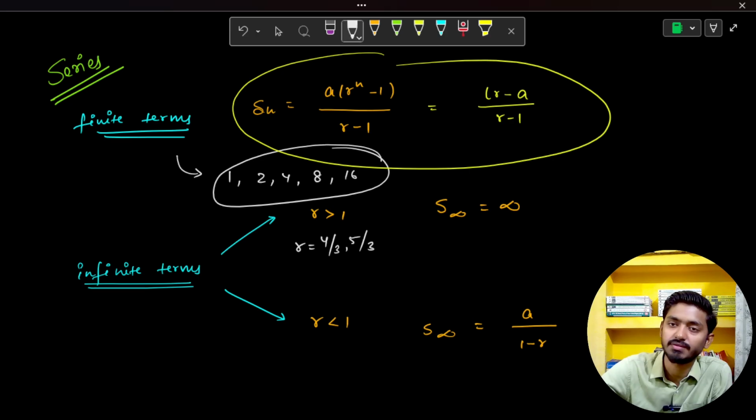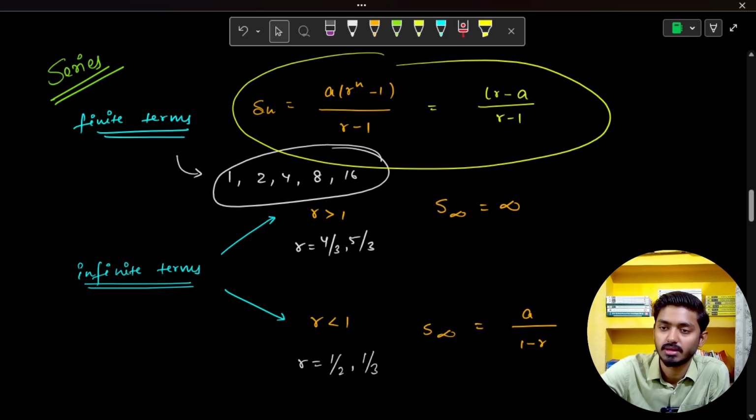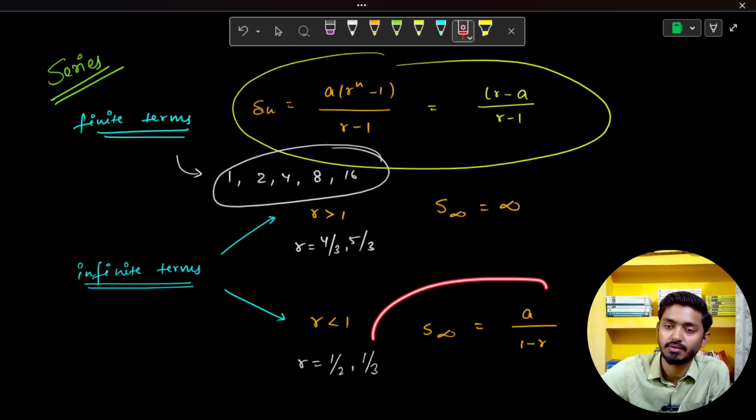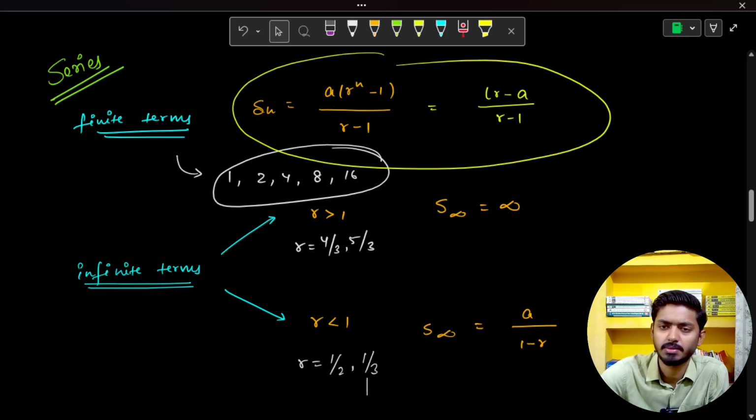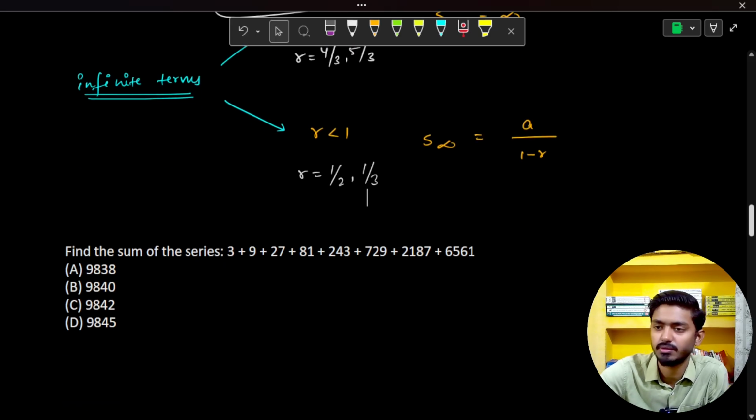But if r is less than 1, let's say 1 by 2 or 1 by 3, the sum of all terms is calculated by the formula a by 1 minus r. Simple as that. Let's solve a few problems so it is more comfortable for you to understand.